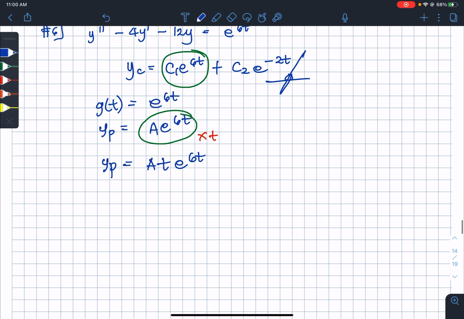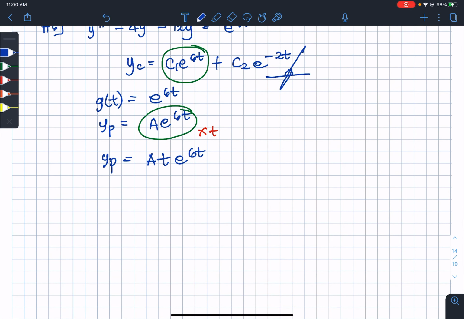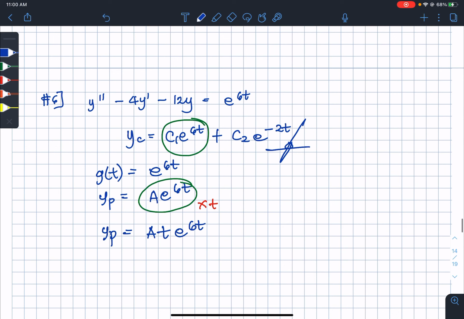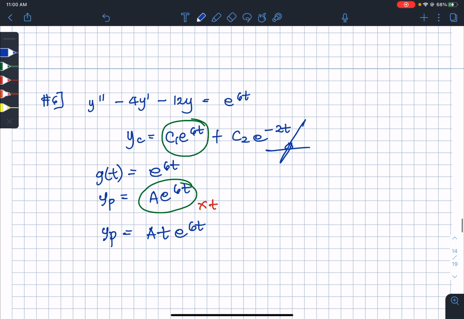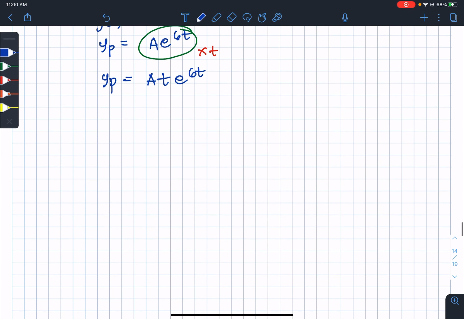So we are to find what is yp, or what is a. I think the solution will be the same. Anyway, all of this was a simple one.